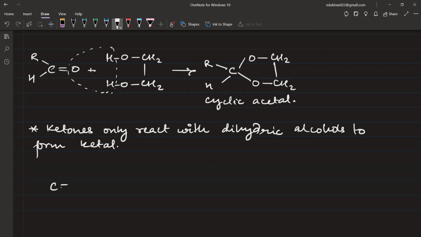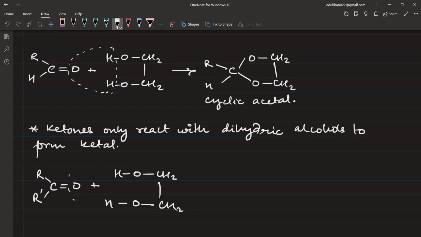You'll have C double bond O, some R group here, some R dash here, plus HOCH2 bonded with CH2, OH. Again, this water molecule is lost.